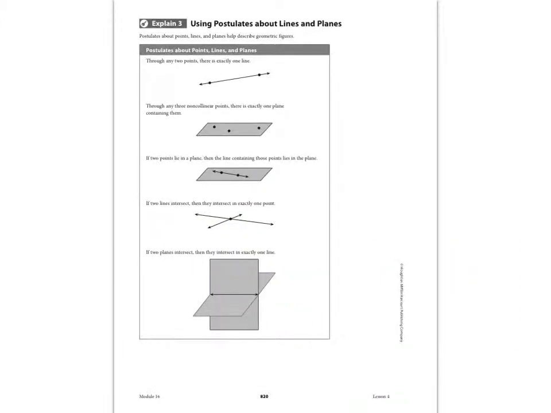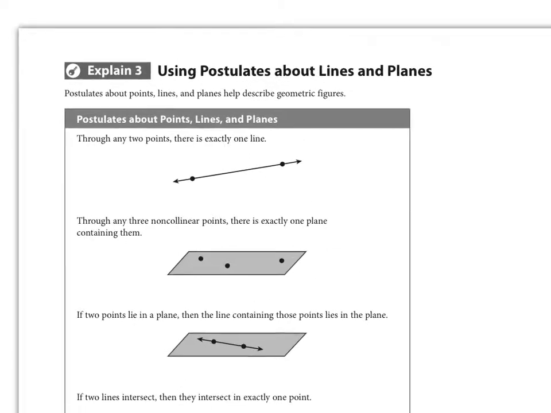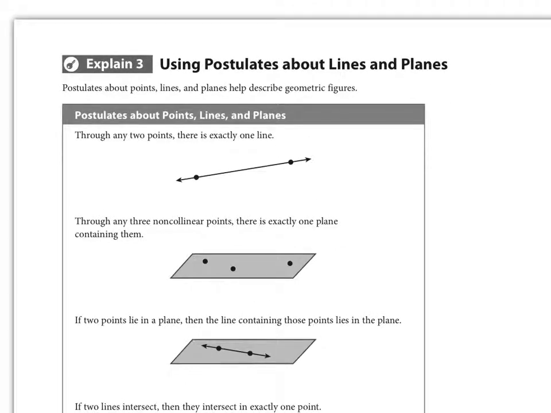On page 820, please review these postulates. I'm just going to talk very, very briefly about them. The first one, oh, by the way, you saw your first postulate on lesson 16.1, the second postulate on 16.2. So here's the third, fourth, fifth, sixth, seventh postulates in geometry. So our first one is through any 2 points.